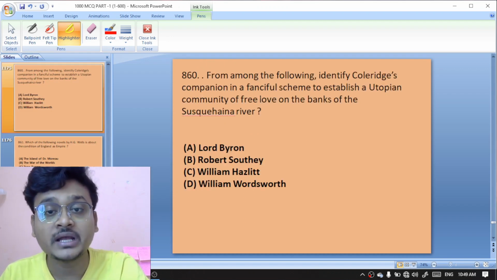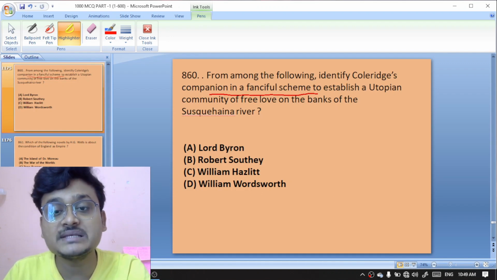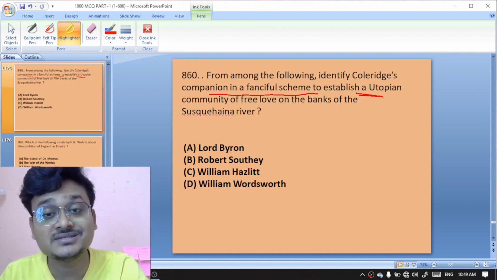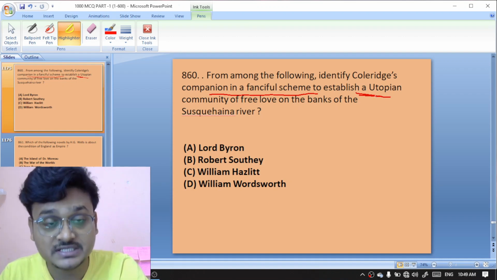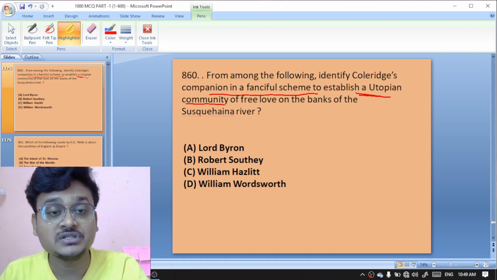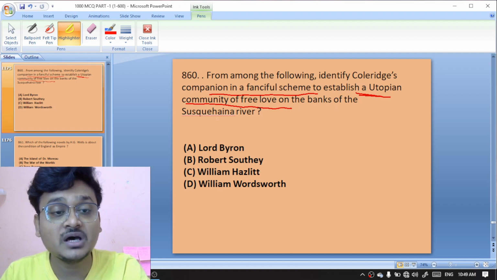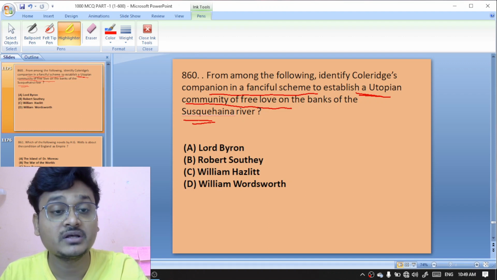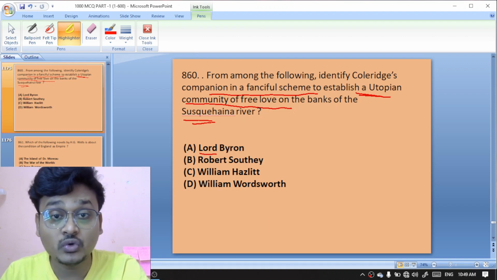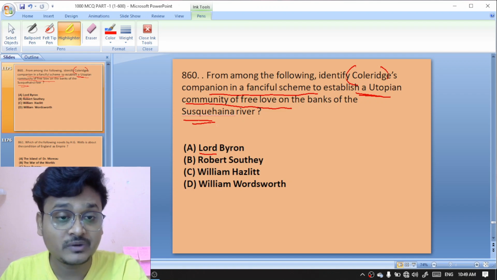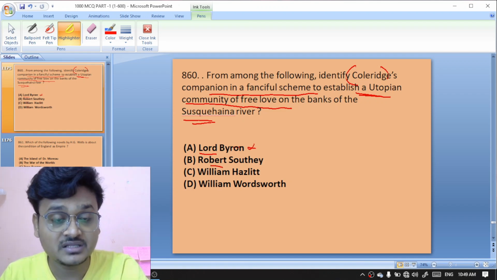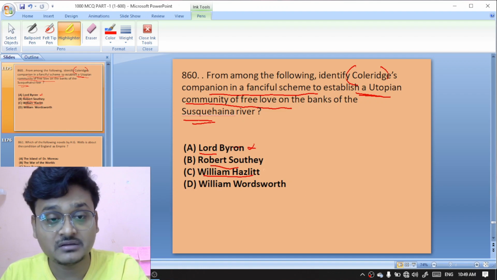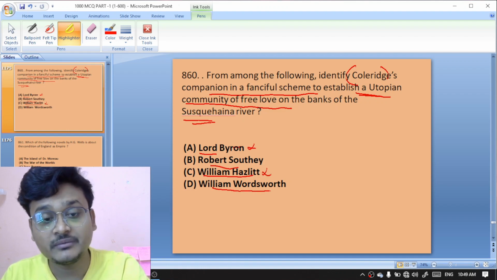From among the following, identify Coleridge's companion in a fanciful scheme to establish a utopian society. They wanted to establish a utopian community of free love on the banks of the Susquehanna River. Was it Lord Byron? Lord Byron was not there. William Hazlitt was not there, and William Wordsworth was not there.